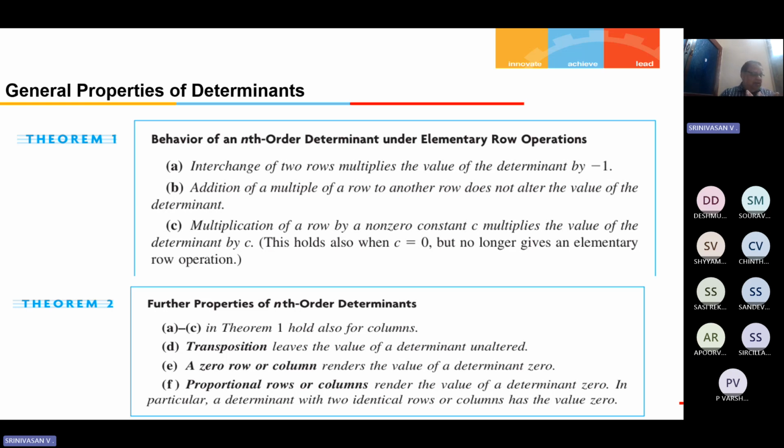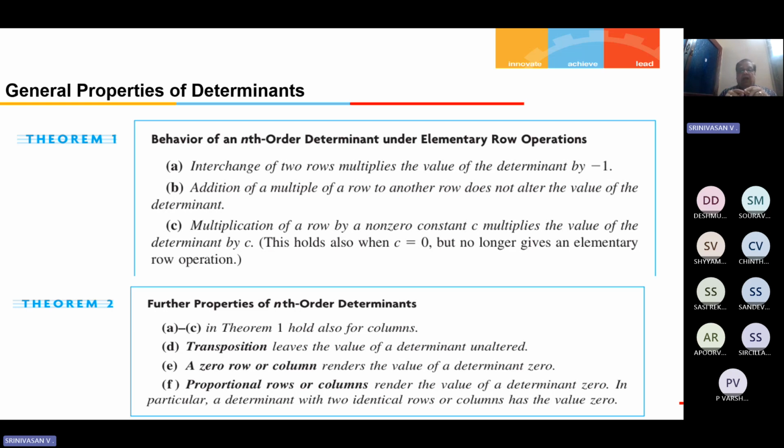Okay, this you can see for yourself. You take a determinant. For example, you take the same 6, minus 5, and then you multiply by some common constant. Second row, for example, you get minus 8. Okay, keep the second row fixed. Add this to the first row and then do the expansion. You will get the same value.